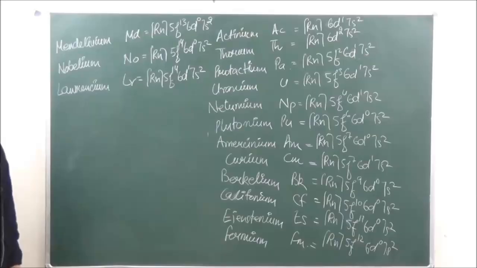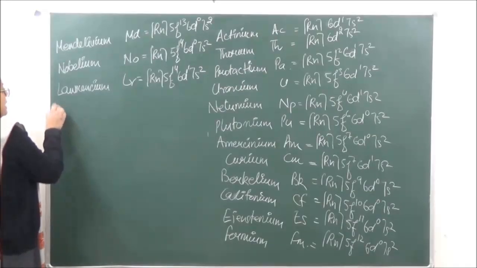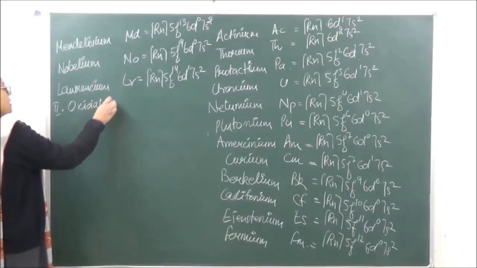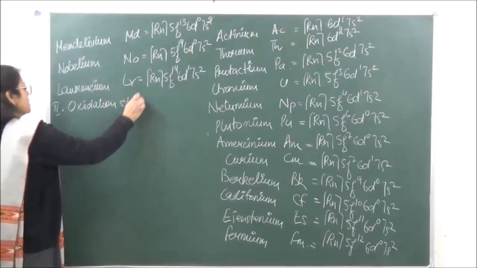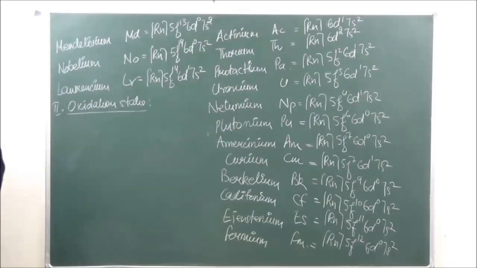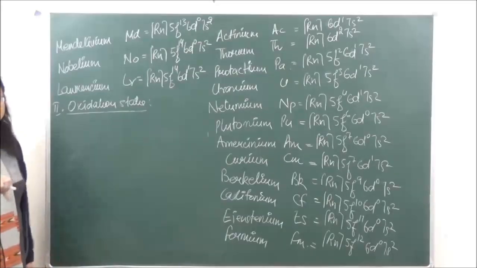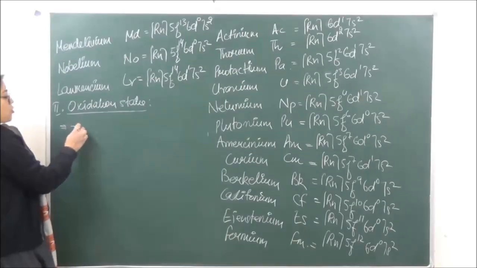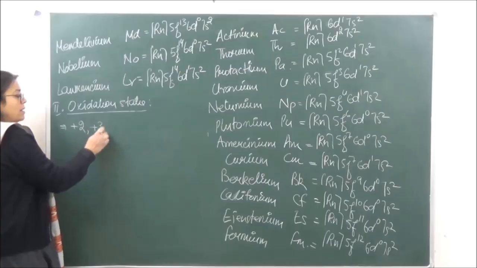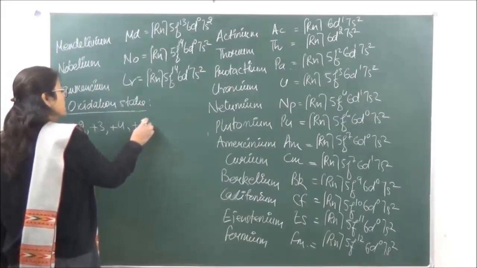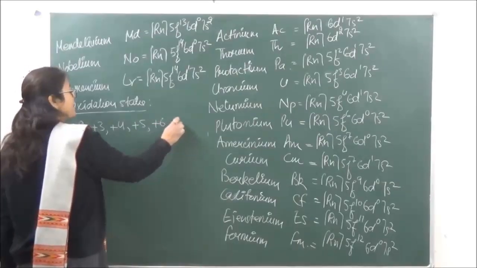So these are the members and the electronic configuration. It has a very irregular electronic configuration, as we have just studied. So we go on to the second characteristic over here, which is the oxidation states. We have discussed the oxidation states in quite some detail when we were talking of lanthanoids. Over here they have variable oxidation states, like they can show oxidation states of +2, +3, +4, +5, +6 and +7.